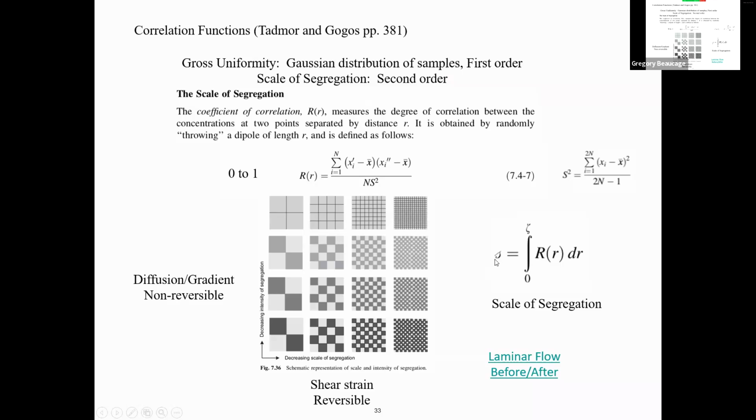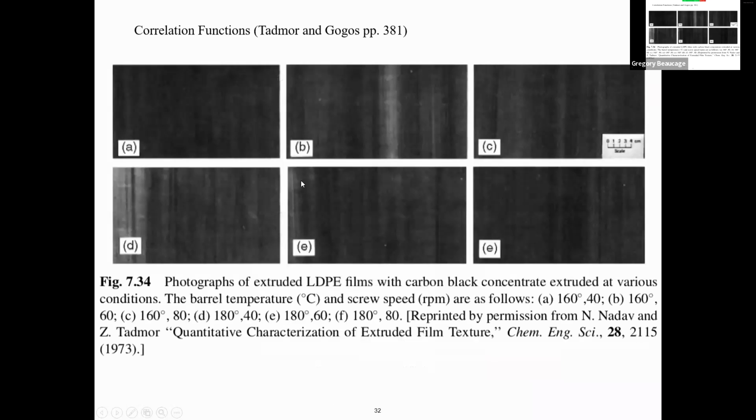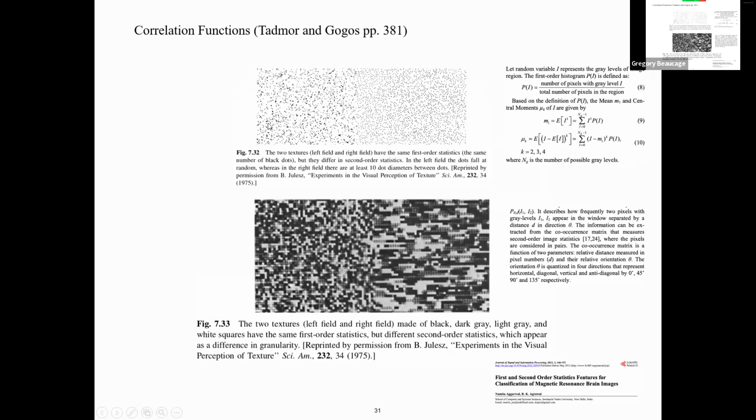So you get a parameter that says B is better than E by that number. If B has a smaller segregation number, then you're better off. In this case, there are also two features, the structural feature of the lines and the density of the lines, like how bright and dark. And Tadmor has another number for the bright and dark part.